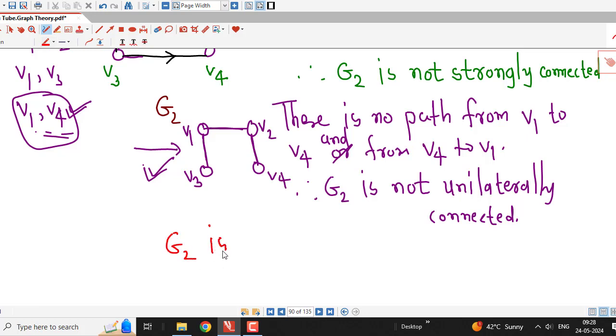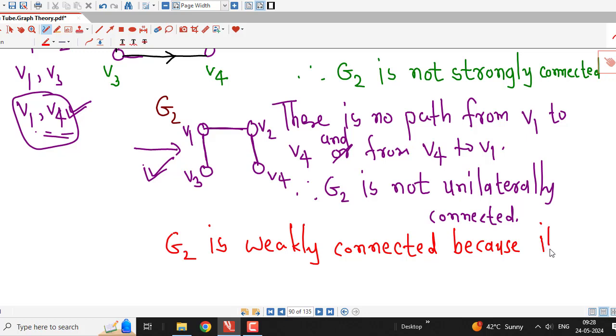Graph G2 is weakly connected because it is connected when treated as an undirected graph.